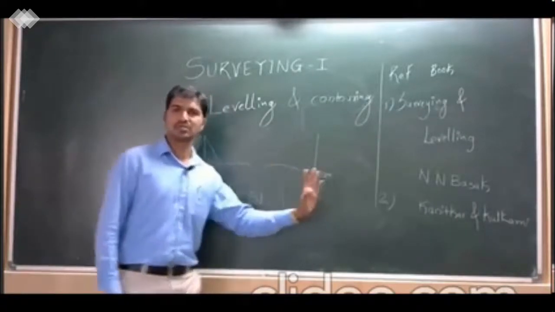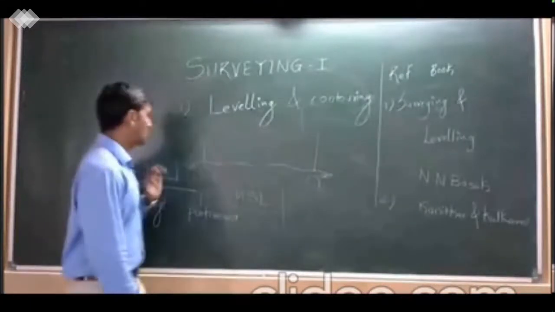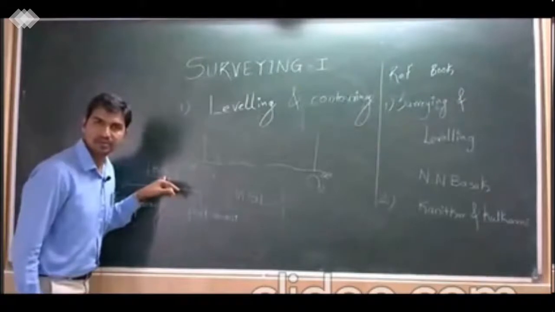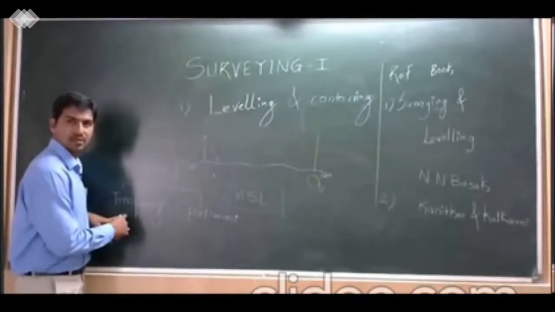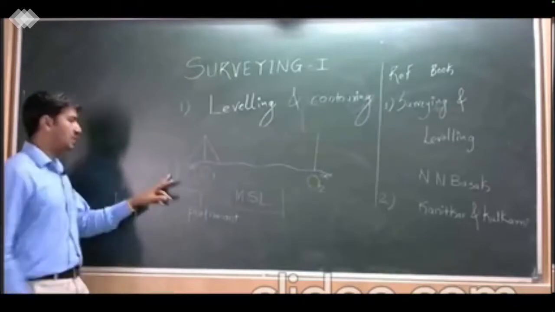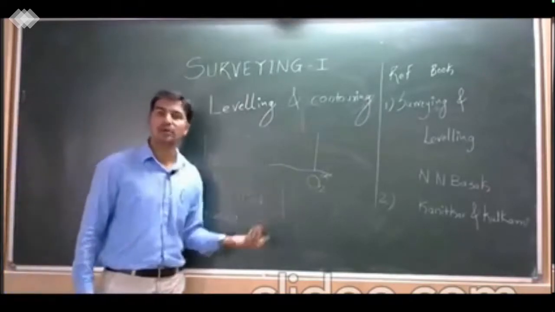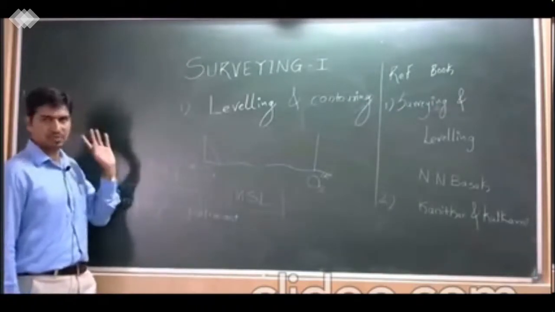So this is just a temporary experiment. So I have to take one benchmark. A benchmark which is taken for some temporary or unimportant work is nothing but your temporary benchmark.